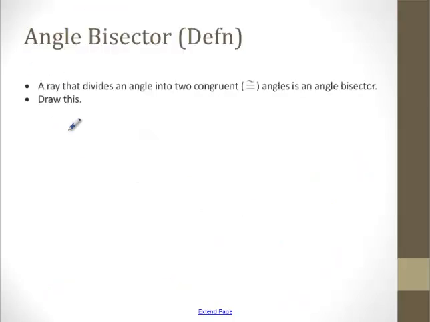Alright, angle bisectors. We talked about segment bisectors. They split a segment in half. Angle bisectors split an angle in half. So let me draw an angle here. Let's name it ABC again. Alright, so an angle bisector, what it's going to do is it's going to take whatever degrees this is and split it exactly in half.